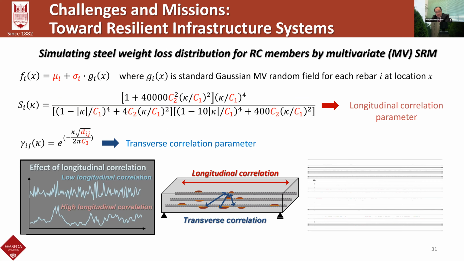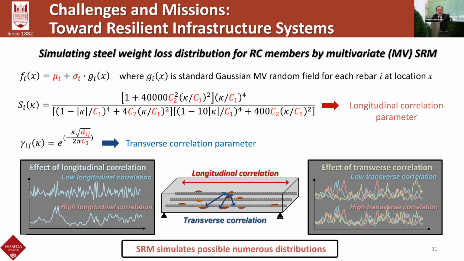So to represent this random phenomenon, we applied the stochastic field concept to corroded RC beams. The left figure shows the effect of longitudinal correlation of steel corrosion on the simulated steel corrosion distribution using the multivariate spectral representation method. When the steel corrosion of a rebar has a low degree of longitudinal correlation, the distribution seems more scattered, random along the rebar. The right figure shows how the transverse correlation affects the simulated distribution of 3 longitudinal rebars.